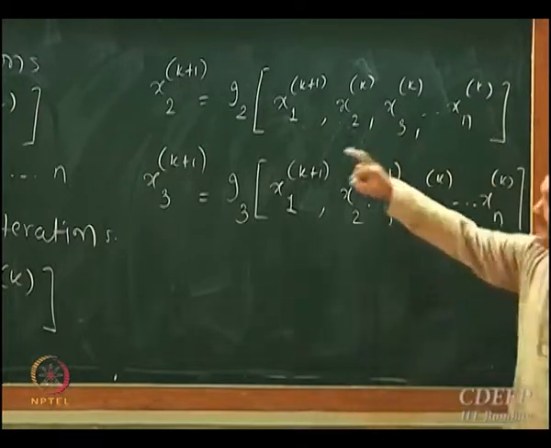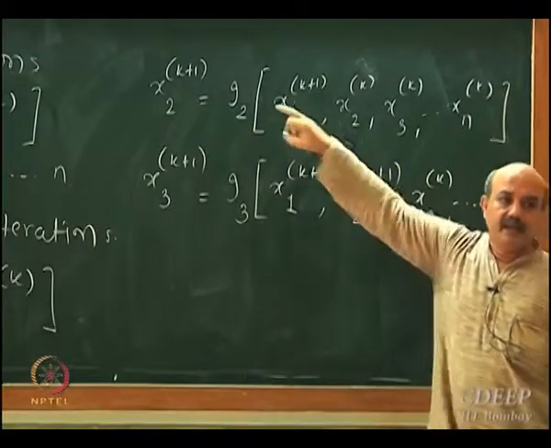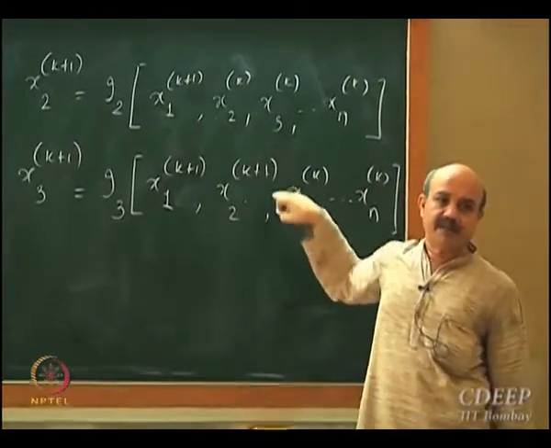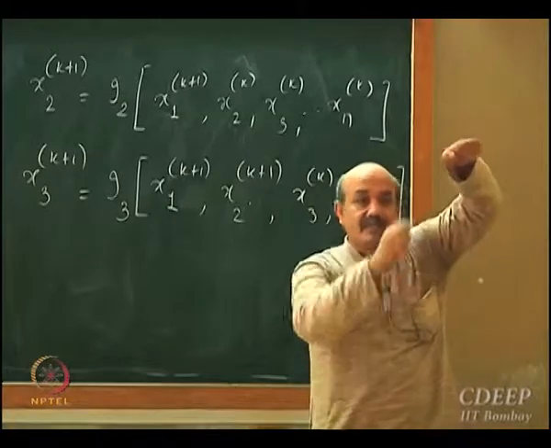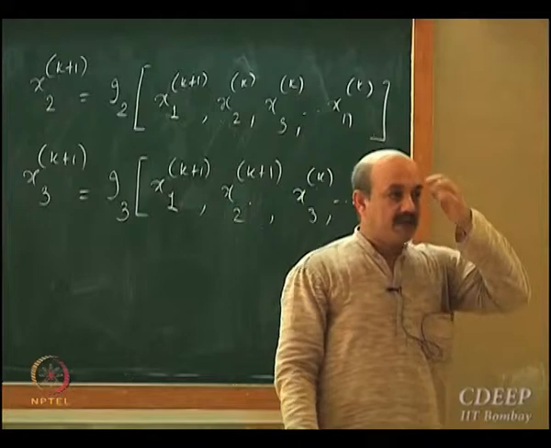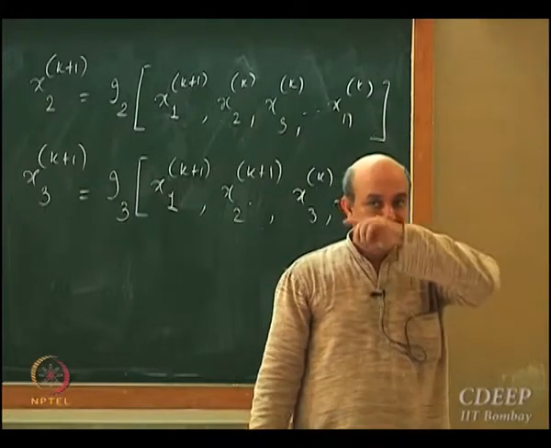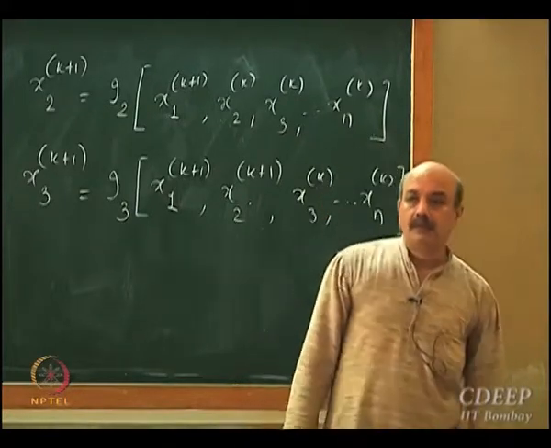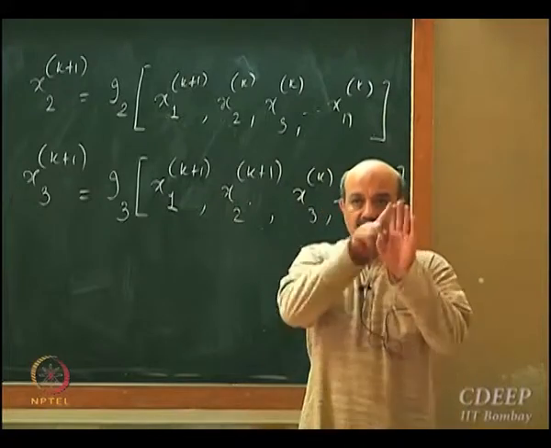Is this clear? As and when the new value gets created, I am using it in the next equation. I am solving equation by equation, one equation at a time.